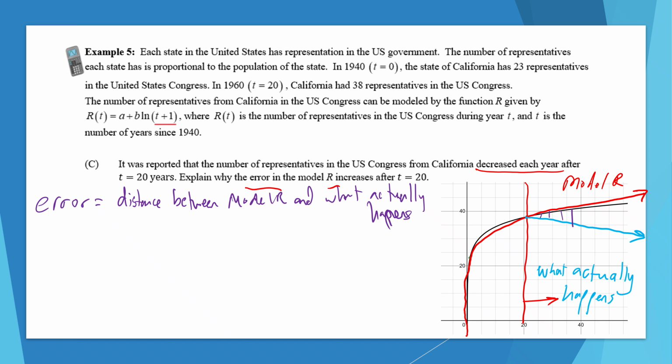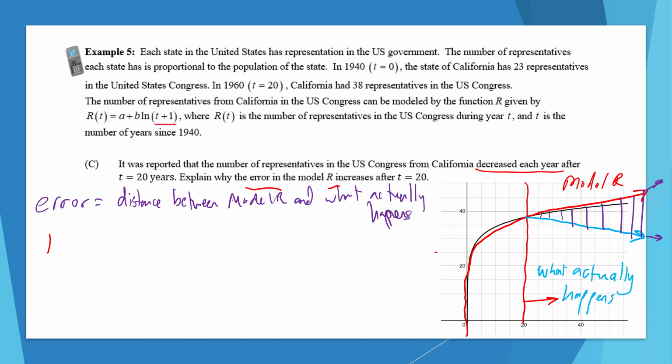So let's take a look at our error, right? Our error is constantly just going to get bigger and bigger because this is going up and this is going down. And so how can we answer this question?